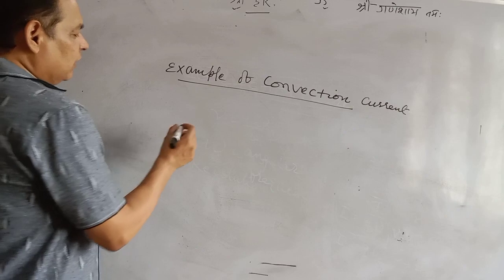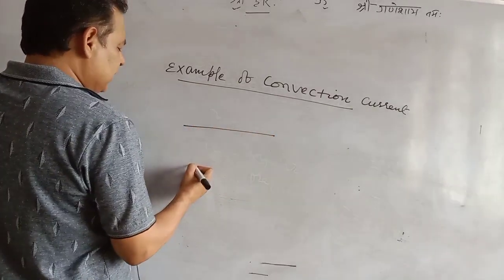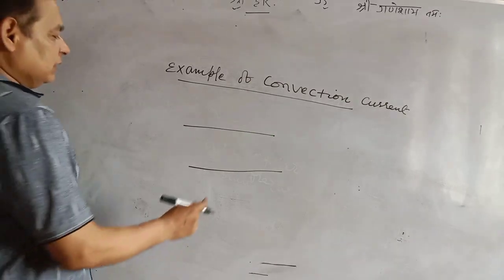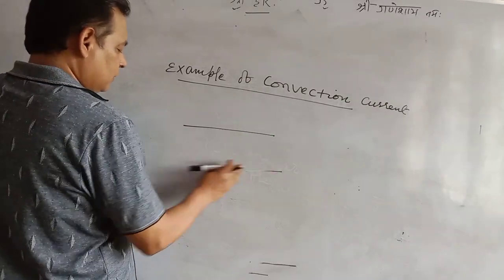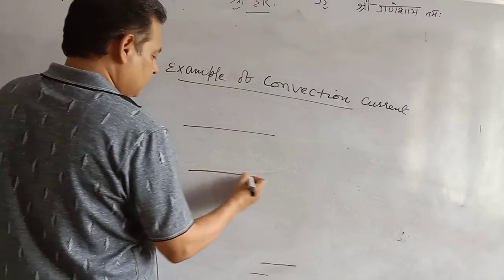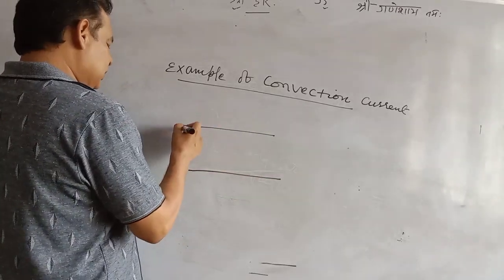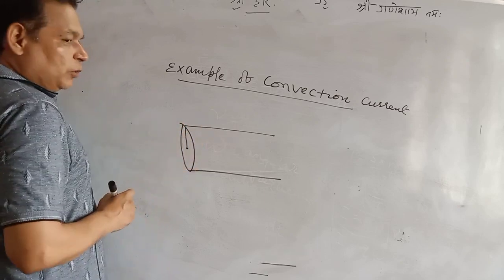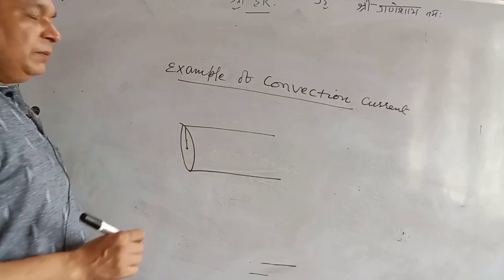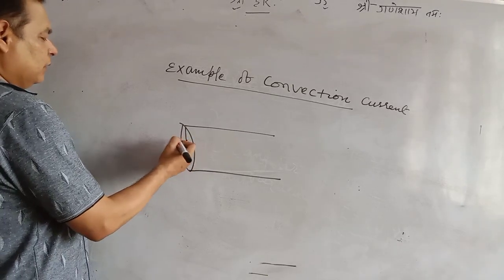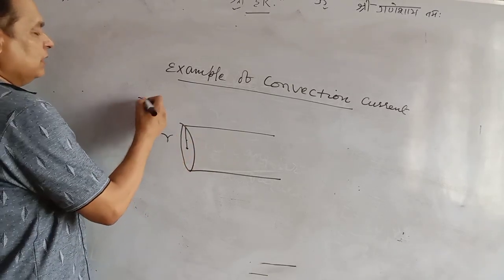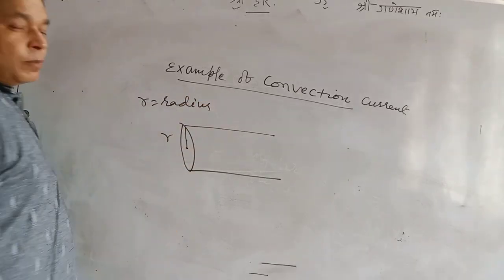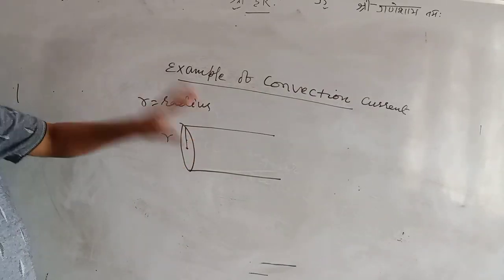Suppose there is a cylindrical metallic conductor, and I am taking its radius of cross-sectional surface, circular cross-sectional surface, as R. R is radius of circular cross-sectional surface.